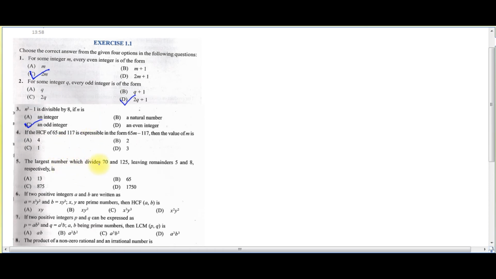The largest number which divides 70 and 121 leaving remainders 5 and 8. This is very easy, guys. When 70 is divided by some number x, we get a remainder 5.